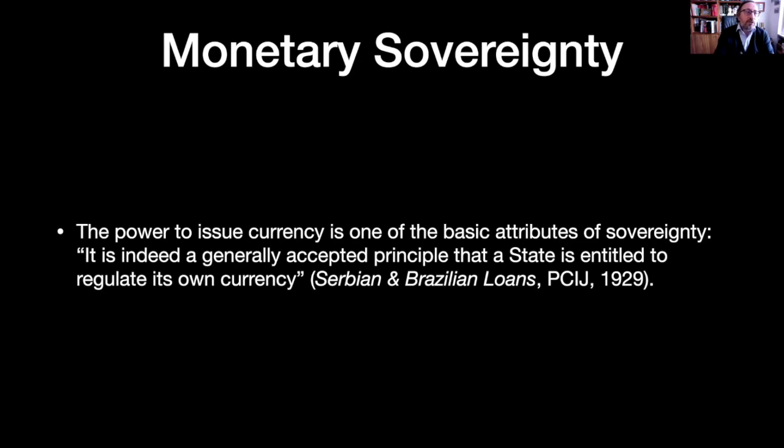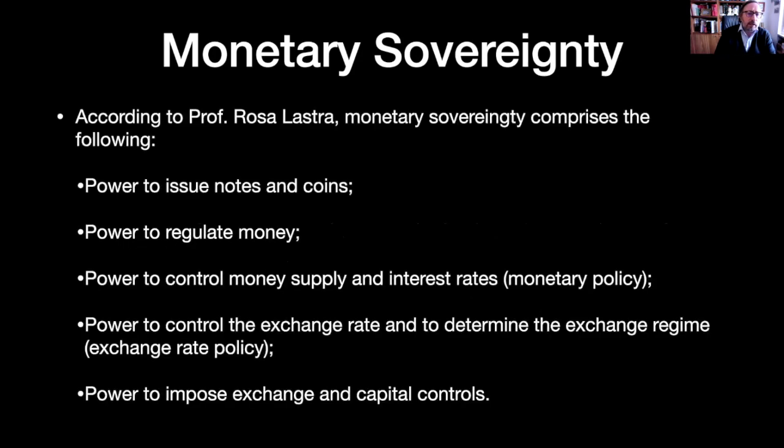This view as a building block tends to focus on the idea of the sovereign and the power to create money as a sovereign power. However, the creation of money, because it is used in international exchange, is also a matter for international law, as we're going to see in this part of our course.